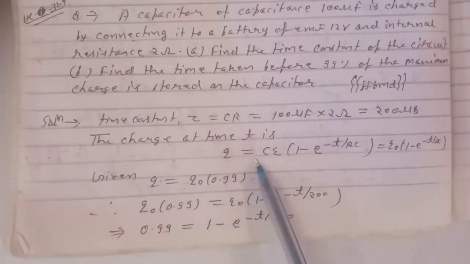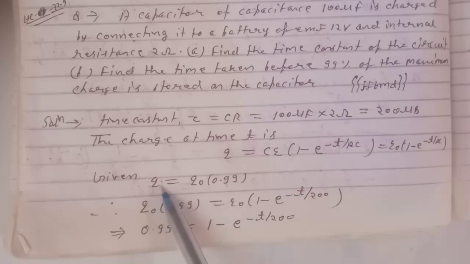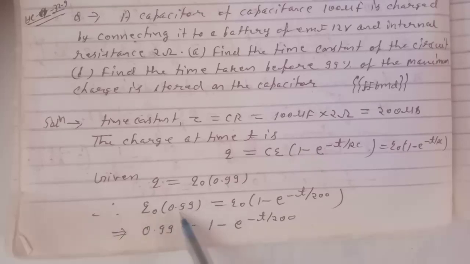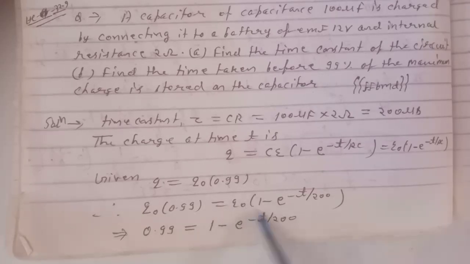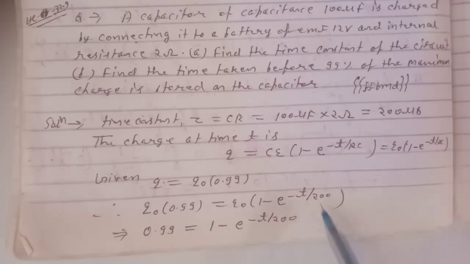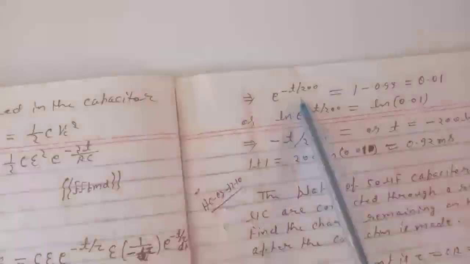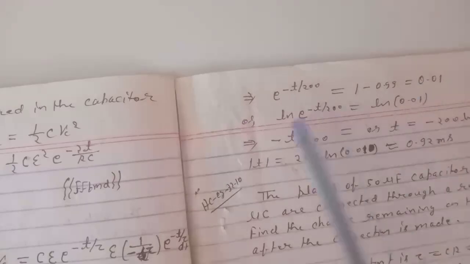Here we have the value given, Q equal to Q naught into 0.99, that is the charge on the capacitor at any time. So Q naught into 0.99 equals Q naught into 1 minus e to the power minus t by 200, using the value of the time constant, or 0.99 equals 1 minus e to the power minus t by 200, or e to the power minus t by 200 equals 1 minus 0.99, or 0.01.